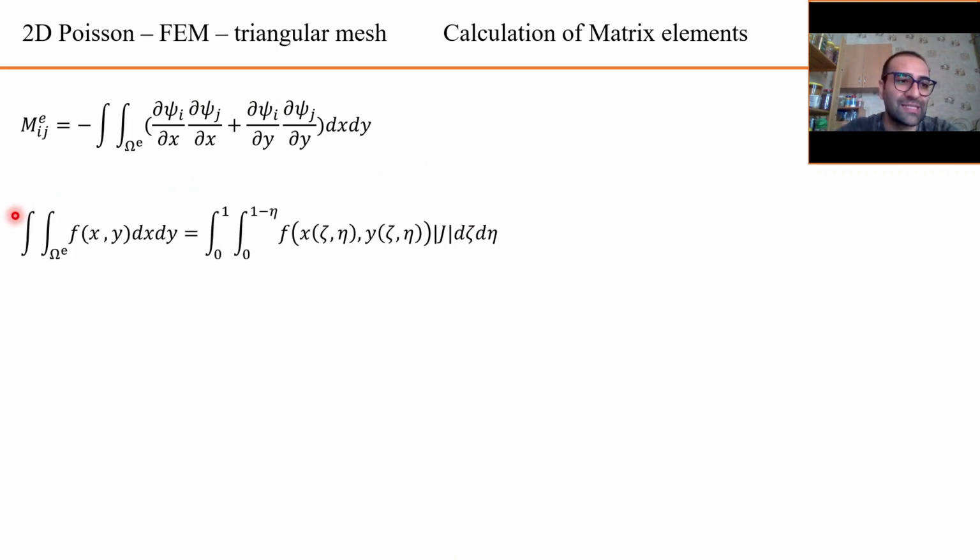There's an equation that says if we have a function in some old coordinate and we map it to some other coordinate, any double integral in the new coordinate can be calculated as the function in the new coordinate times the Jacobian, which we calculated from the mapping equations, times d zeta d eta.